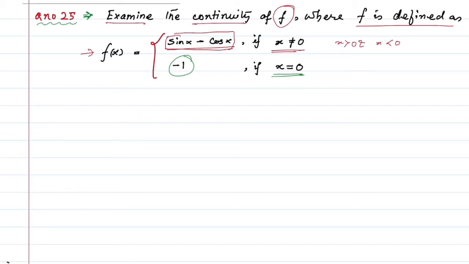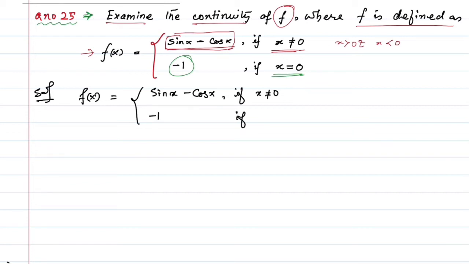Okay, so let me solve this one. Here the point of partition is 0, so the only possible point of discontinuity is 0. So let me check at that point whether this is continuous or not. f of x is equal to sin x minus cos x if x is not equal to 0, and it is equal to -1 if x is equal to 0.